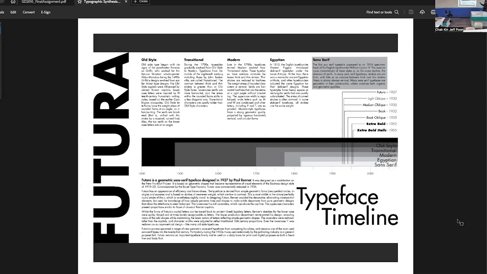Okay, for this one it is Futura. So which classification does Futura belong to? If we talk about the five classifications, which classification does Futura belong to?